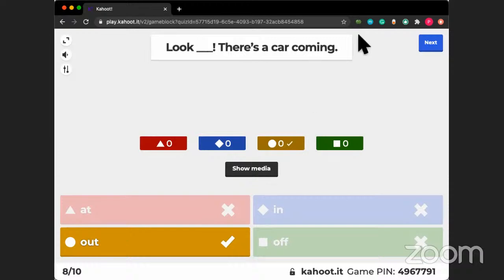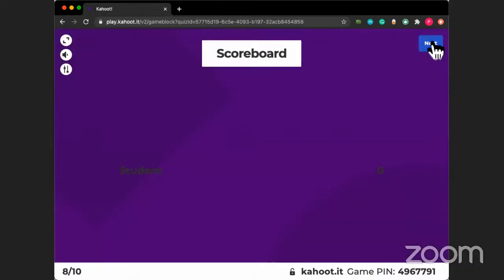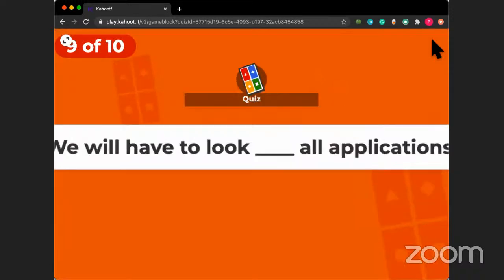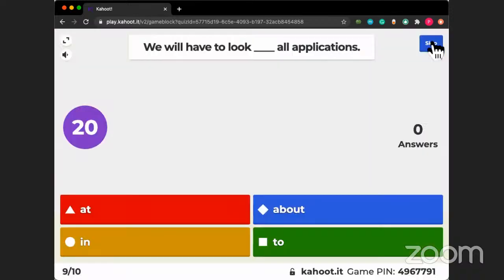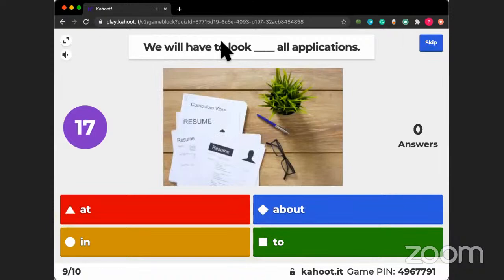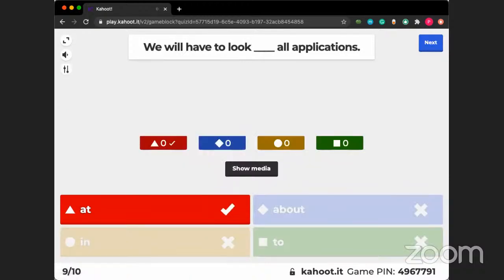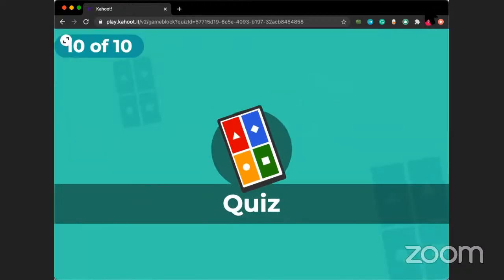Look out. There's a car. All right, look at. We will have to look at all applications. And last one.